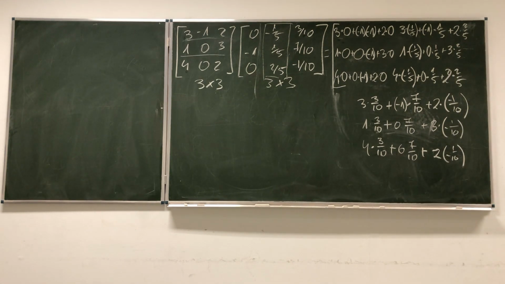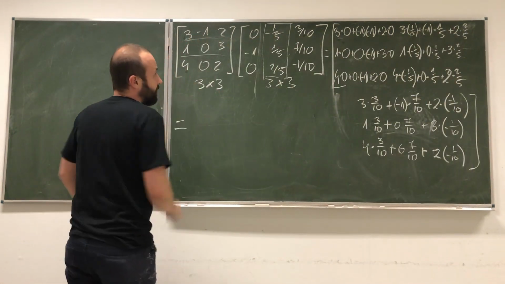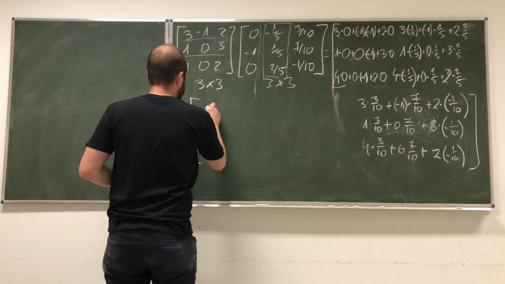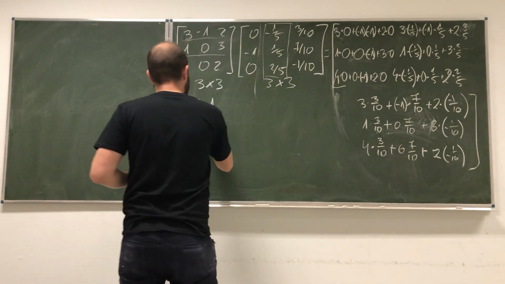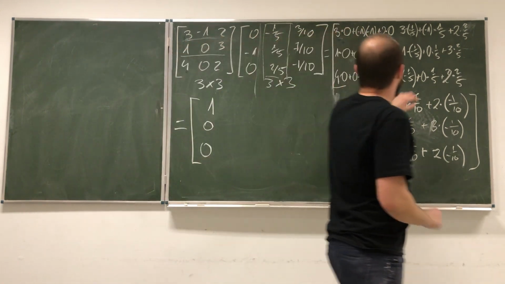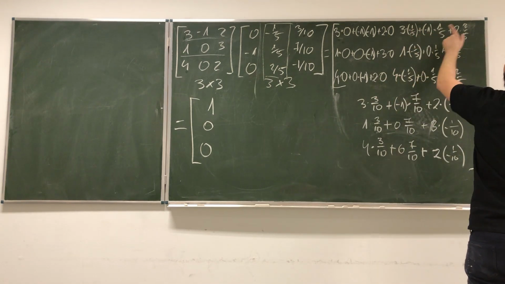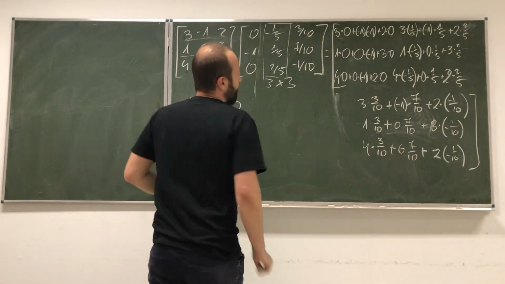Okay, so now we've calculated everything. What are we going to get? Okay, 0, 1, 0. So we'll have 1 over here. 0, 0, 0. 0, 0, 0. Negative 3 over 5, 4 over 5, negative 1 over 5, 0.